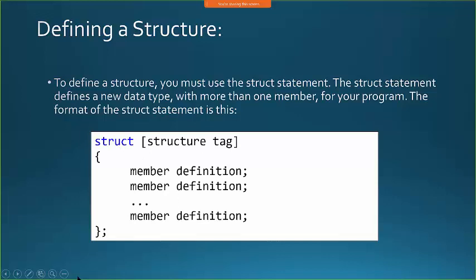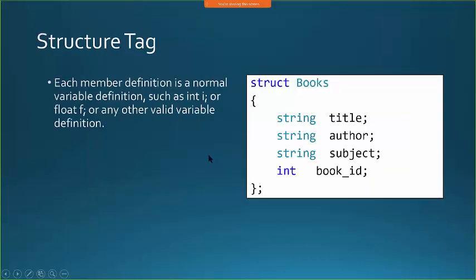Now, this is not really a variable definition. This is a type definition. After you define this struct, you will define a variable which will be of this type that you've just created. This makes it a little harder to understand. Think of the struct as a pattern, or actually the word structure is really good.